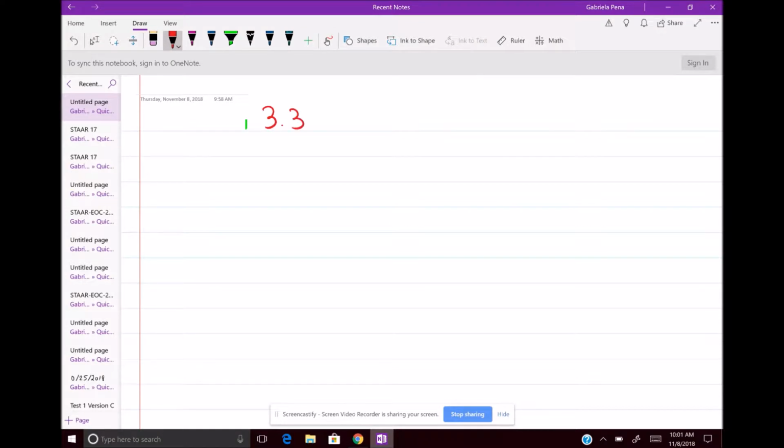So this is going to be 3.3, and it's called dividing polynomials. Do y'all remember doing long division when you guys were in elementary? There's also the remainder theorem.